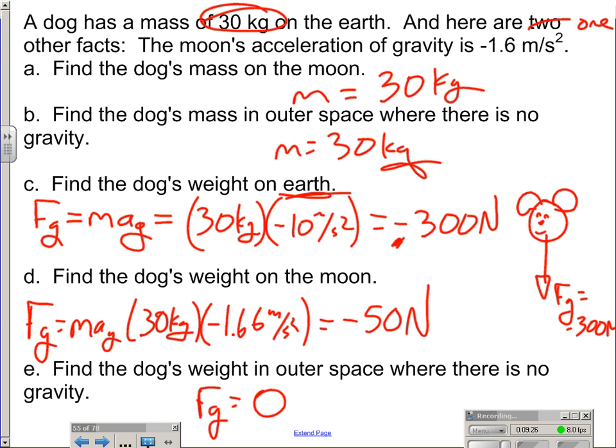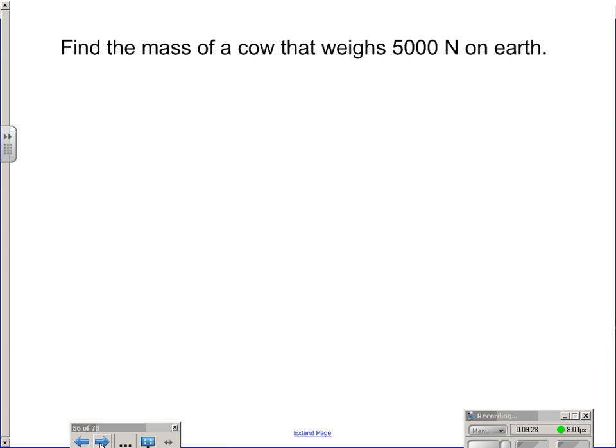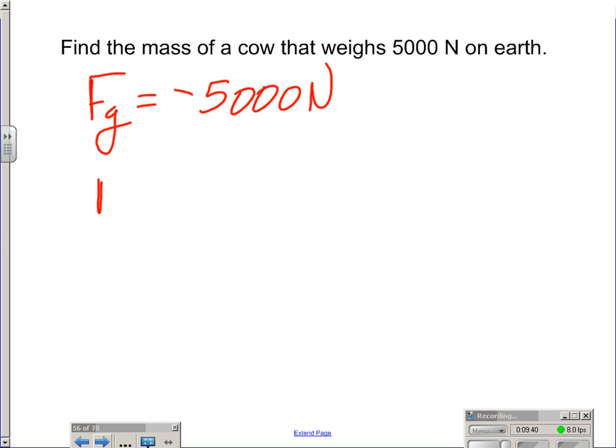One last example. We can go backwards too. If you have a cow that weighs 5,000 newtons, I'm telling you that the force of gravity on the cow is 5,000 newtons, negative, because gravity pulls down. So if Fg equals mag, some algebra shows us this.